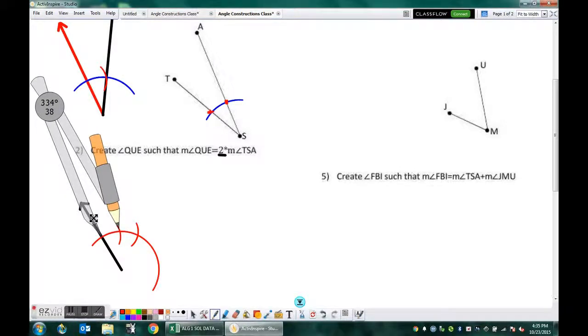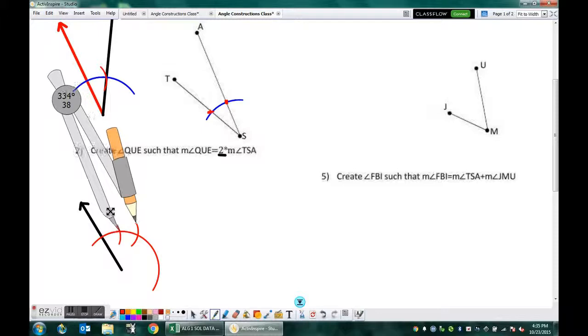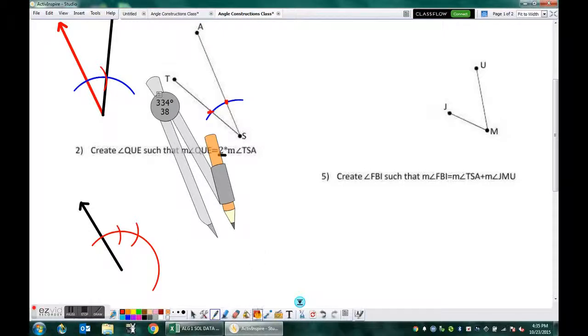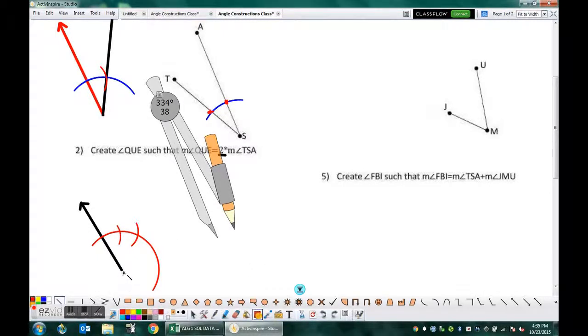I started with the first one coming off the ray, which would have been one angle TSA. Then I moved it to where I left off, and I swung to get to the second angle TSA. So then the last step, through the endpoint, through the X. Now I've got twice that angle TSA.